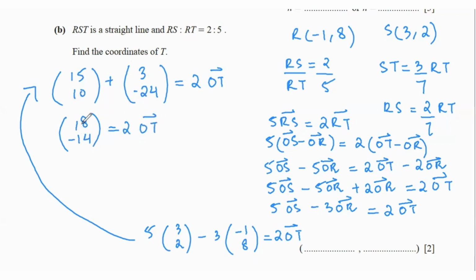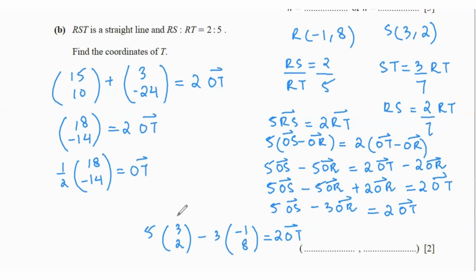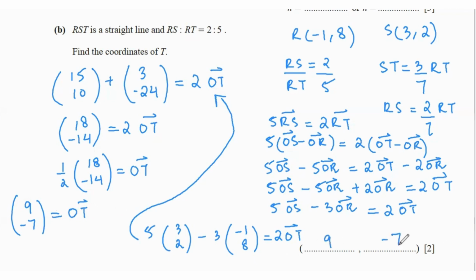So we divide 18 and -14 by 2. That's going to give us 9 and -7 as OT, which means the coordinates of T are (9, -7). That is your answer.